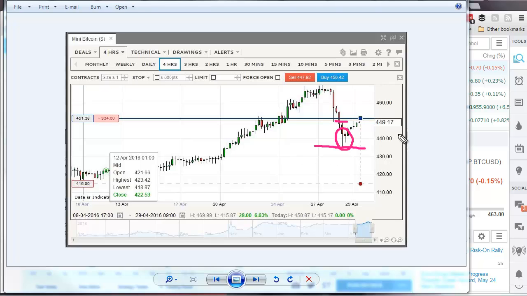One could put a stop loss here, or one could put a stop loss behind the previous areas of safety. So one could put it here. And you'll actually see on this chart that my stop loss has actually gone down right under here at 415.